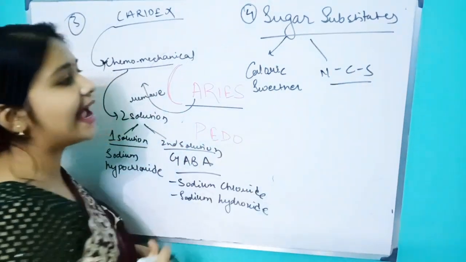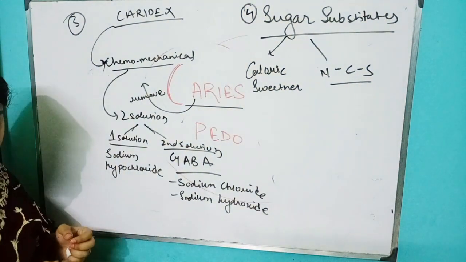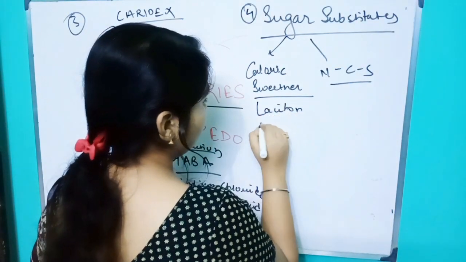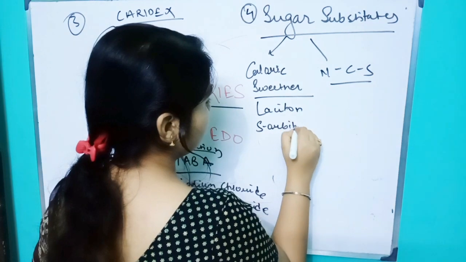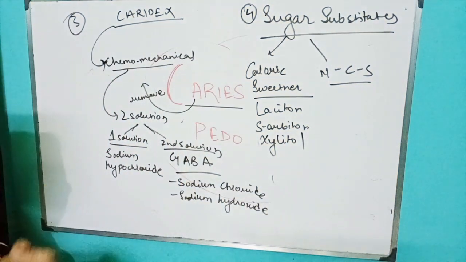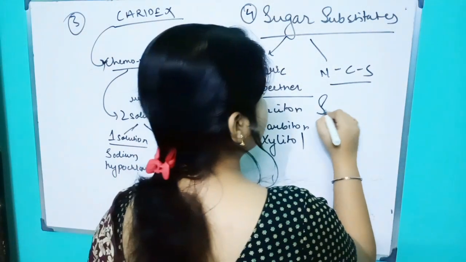In caloric is your xylitol, lactitol, sorbitol, and in non-caloric sweetener is your saccharin and aspartame.